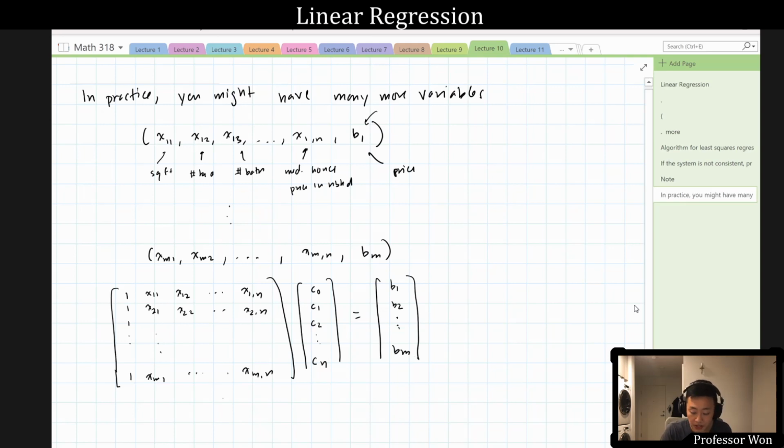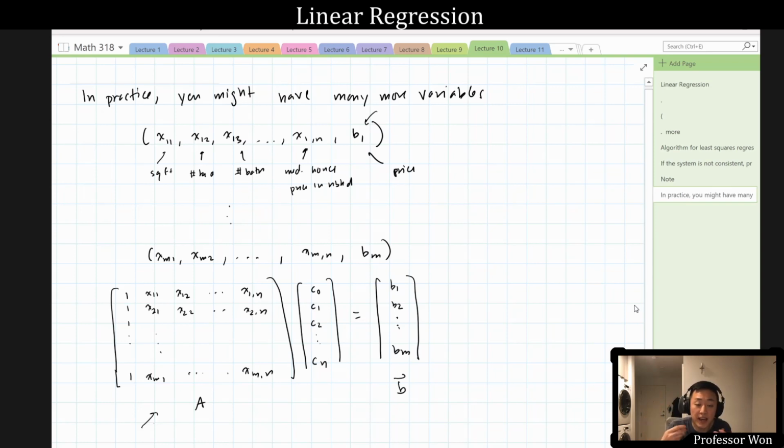So this is usually called like a matrix X. We could still call this B, but since we've been using A, let's call this A. And again, almost certainly, this system is not consistent because the column space of A is going to be n or n plus 1 dimensional. But I probably have like 10 factors, but like 1,000 houses.